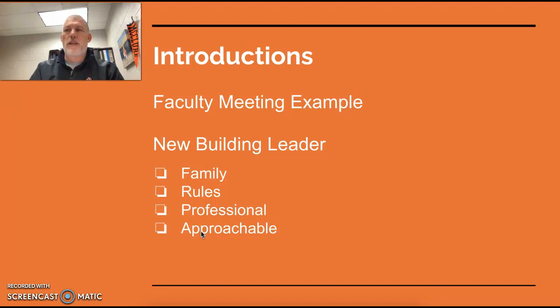Next, I will impress upon them my belief in following established rules and procedures. I will insist they hold themselves and their students to a certain standard of behavior. Rules and procedures can be altered and changed, but we must abide by the ones that have been established so that students know our expectations. And then while it may seem contradictory, I will also let the staff know that I will treat them as professionals.